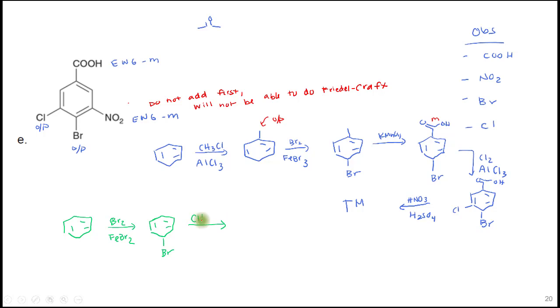Then we can add the CH3Cl, and it's okay to do Friedel-Crafts with the halogen on the ring. That is an ortho para director like we mentioned. And then once you get to this point, you can just pick up the synthesis there. So that's another option.